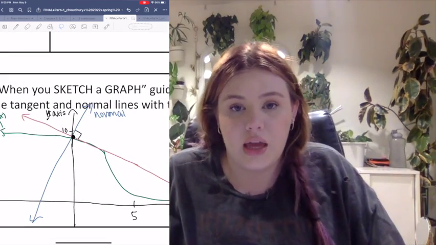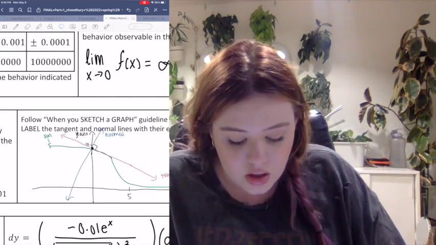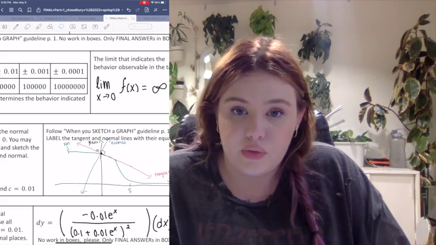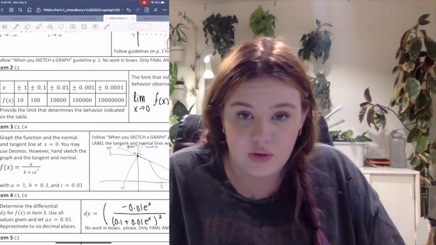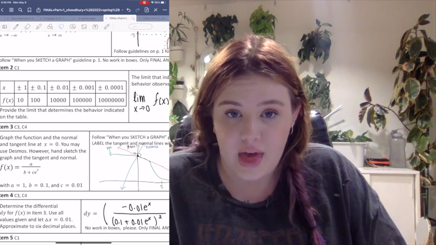So the tangent line, the formula for that, if we were to calculate the formula, which we didn't, unfortunately, you would just take the derivative of the original function that we have. So you would take this function, find the derivative of it, and then that would give you the slope for that line.